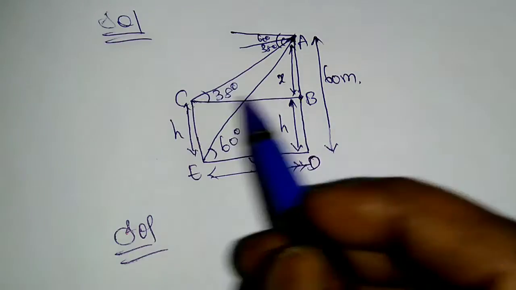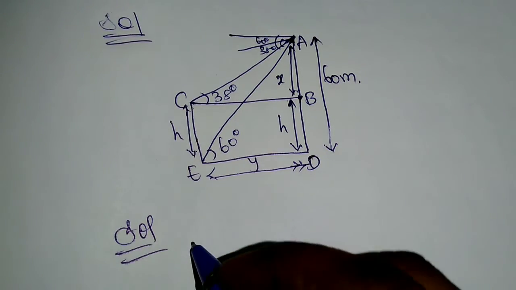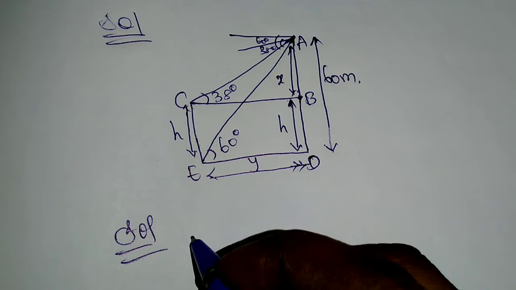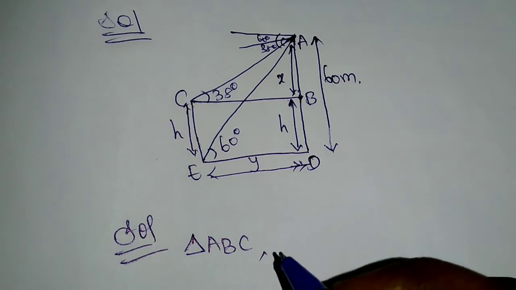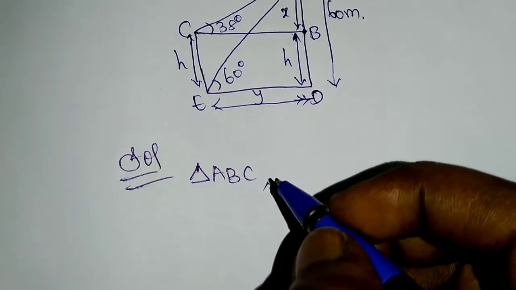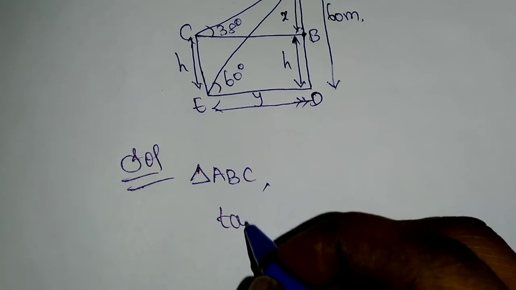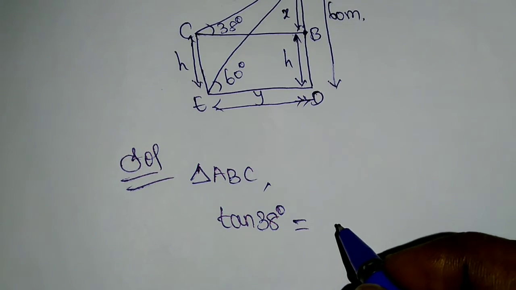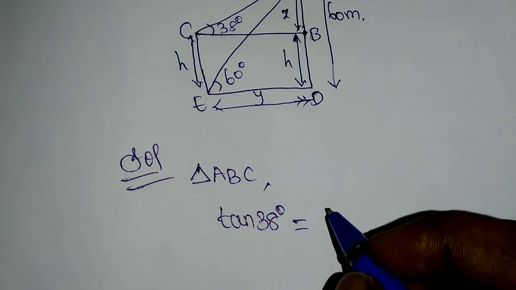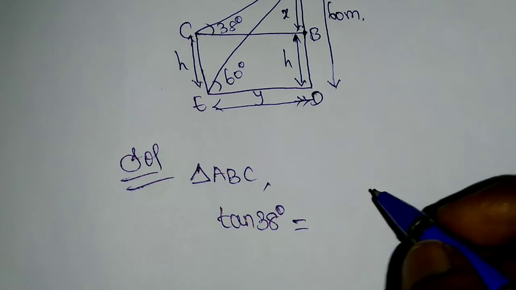From the triangle ABC, we get tan 38° is equal to y by x.